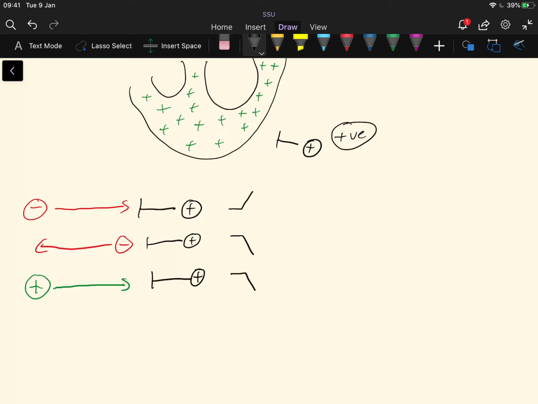Whereas if we have a positive charge moving away from a positive lead, we get an upstroke. So that's a key thing to remember. If you want an upstroke, you need a negative charge moving towards a lead, or a positive charge moving away.